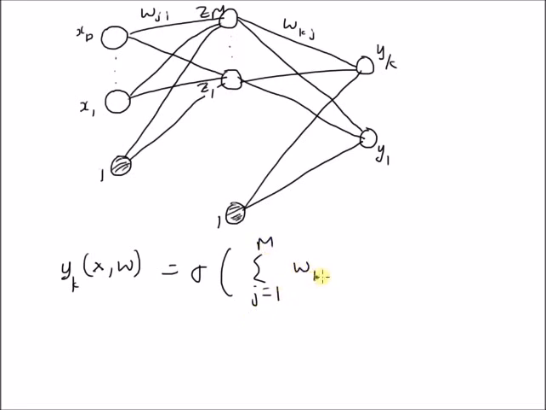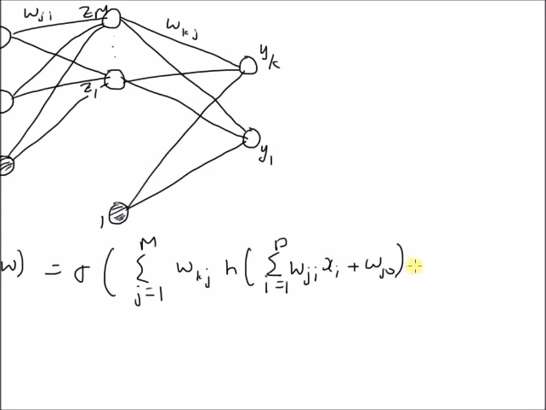The weights are wkj, that is for k for the output and j for the hidden unit, and h is the activation function of the hidden unit, h of summation i equal to 1 to D, wji corresponding to the connections from xi, that is the ith input, plus the bias wj0.